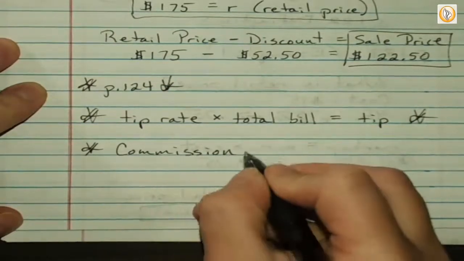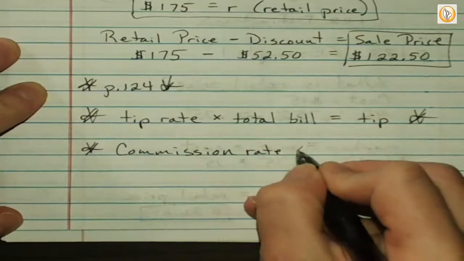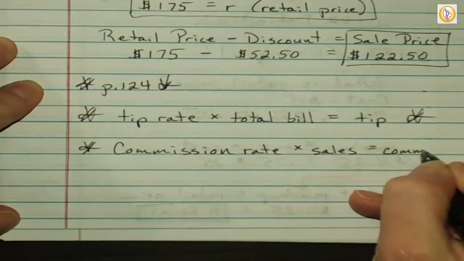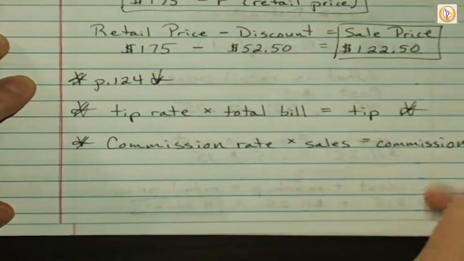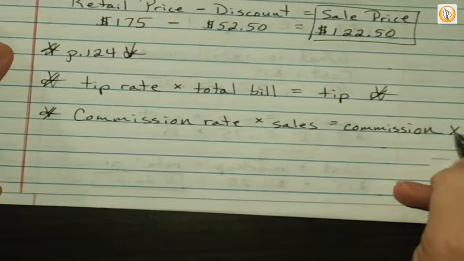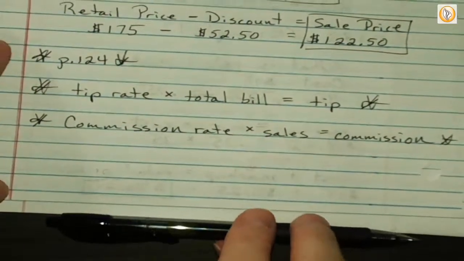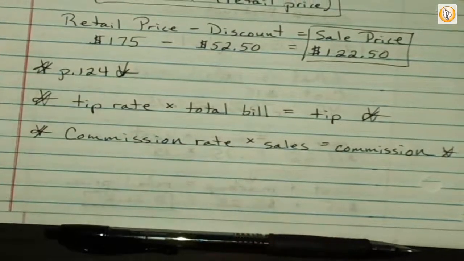Commission rate times sales equals commission. For example, let's say Michael is a car salesman. He sells Teslas. Gabby has been dreaming of a dark blue Tesla.